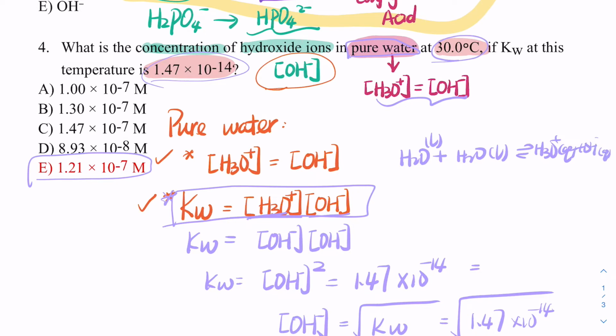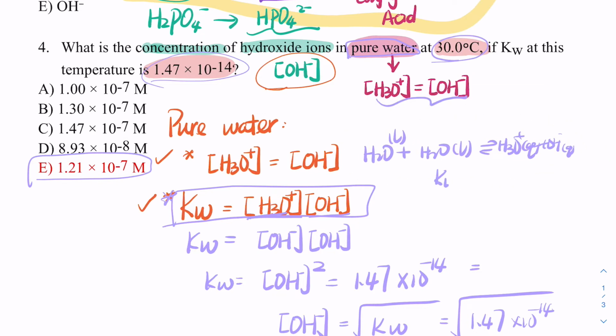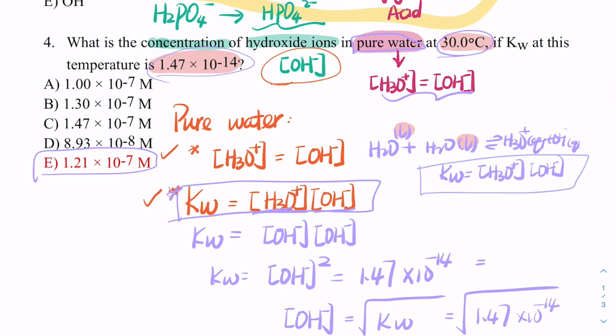Kw equals the product over the reactants, but we don't need to worry about the reactants because they're liquid, so they're not involved. This comes down to this relationship, which is true for pure water, acidic, or basic solutions, as long as it's an aqueous solution. That's it for this question.